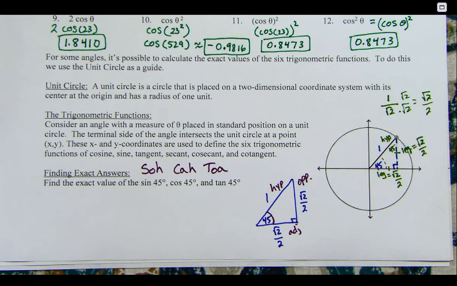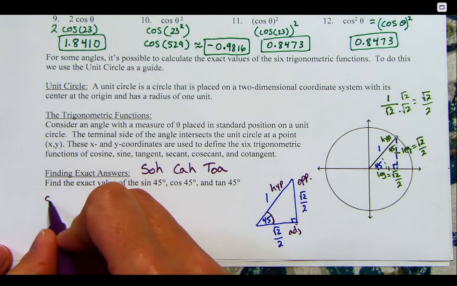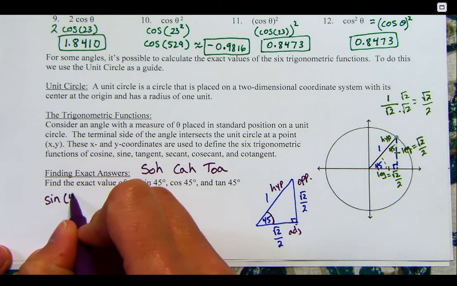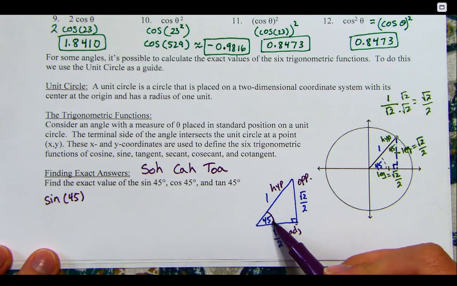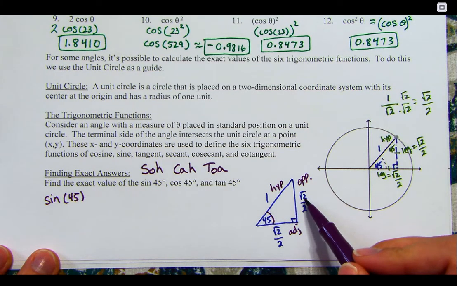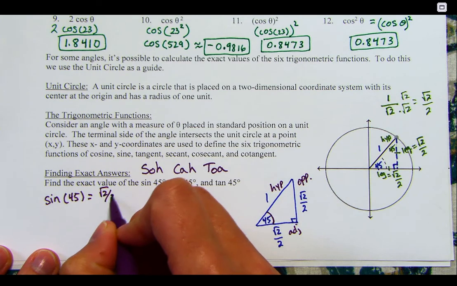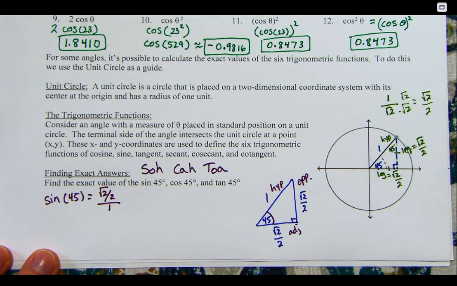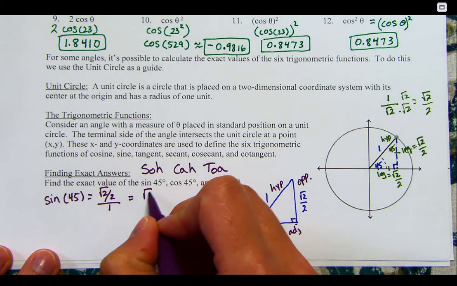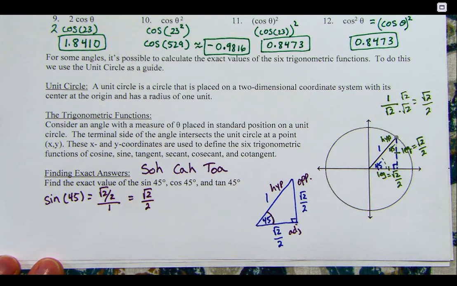Okay, so if I start with the sine of 45, so here's my angle that is equal to the opposite side over the hypotenuse. So I would take the square root of 2 over 2 and divide it by 1. Now, if I'm dividing by 1, nothing's going to change. So this is really just the square root of 2 over 2.